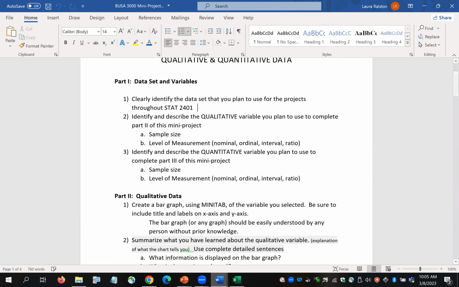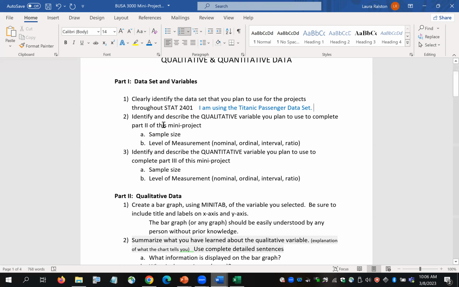For example, if I were doing this assignment, I would say I am using the Titanic passenger data set. I do ask in the instructions that are in D2L that you use complete sentences.